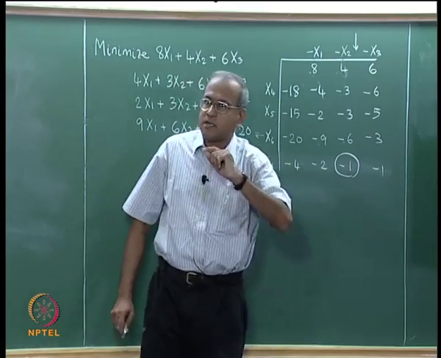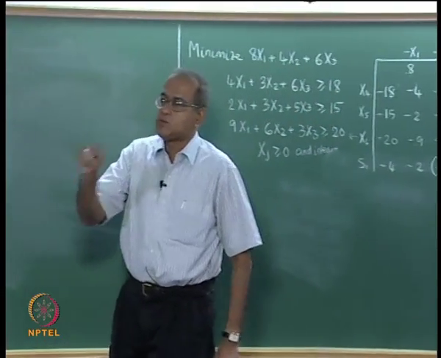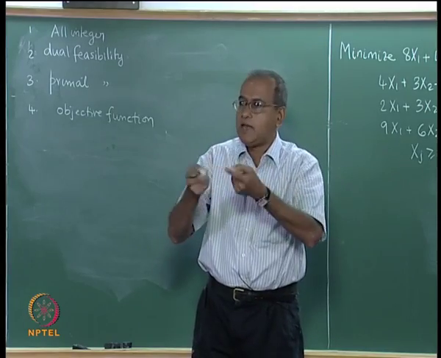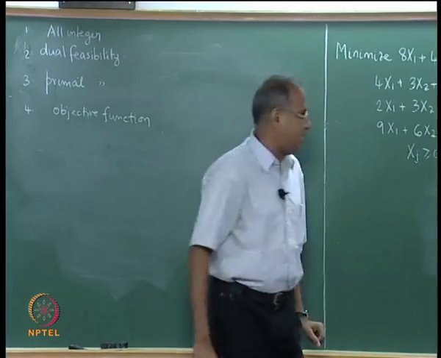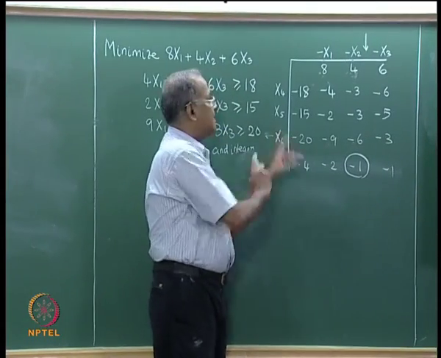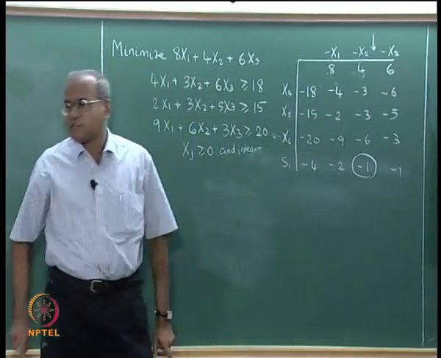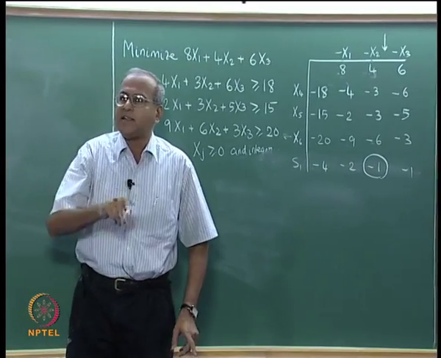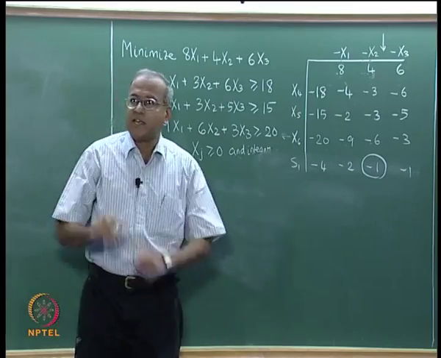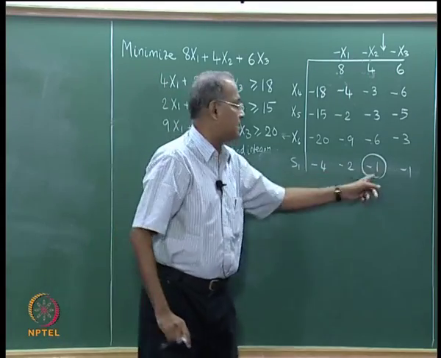So an all integer dual algorithm will have a -1 as a pivot. Having -1 as a pivot helps us in the following ways. One is this term will become positive, this term will remain positive, and the all integer nature of the table will be maintained, because the only place where you divide are this row and this column.